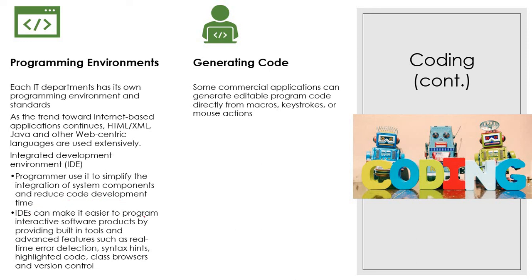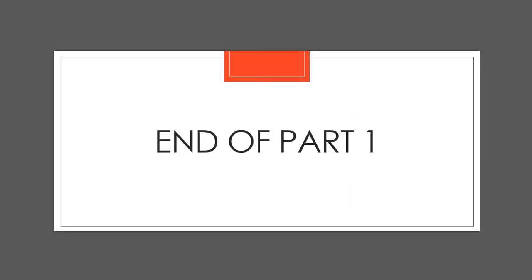IDEs can make it easier to program interactive software products by providing built-in tools and advanced features such as real-time error detection, syntax hints, highlighted code, class browsers, and also version control. And finally, about generating code, some commercial applications can generate editable program code directly from macros, keystrokes, or mouse actions. So that is the end of part 1.